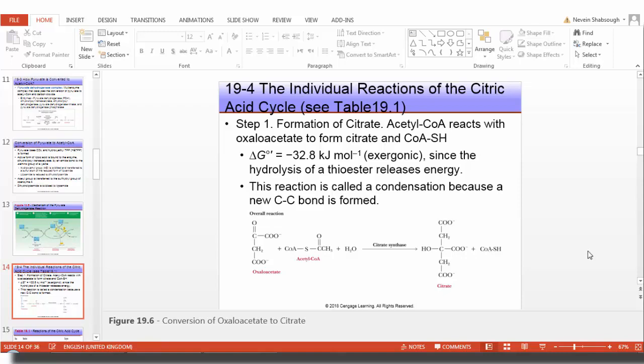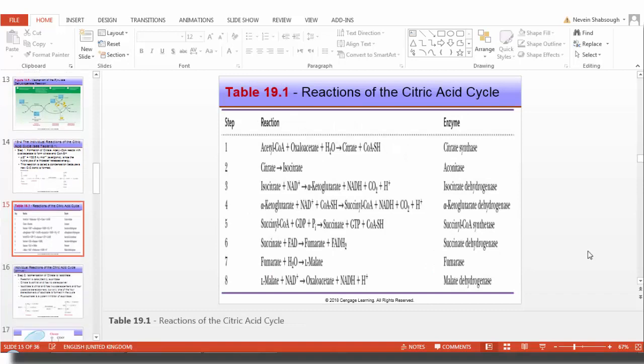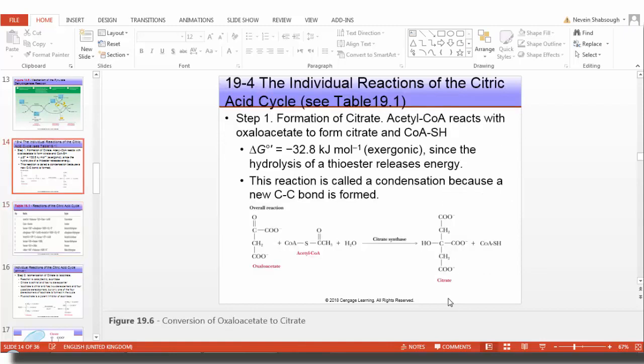Now let's go and describe the individual reactions of the citric acid cycle, beginning with this table. This table shows us the 8 steps or 8 reactions with 8 different enzymes. Going back to step 1, formation of citrate. Acetyl-CoA reacts with oxaloacetate to form citrate and coenzyme A. As you can see here, the enzyme is citrate synthase.